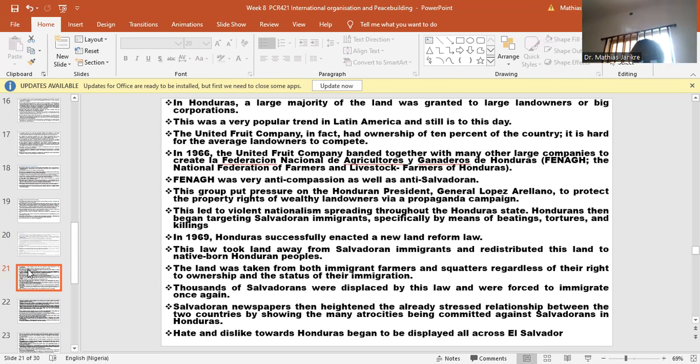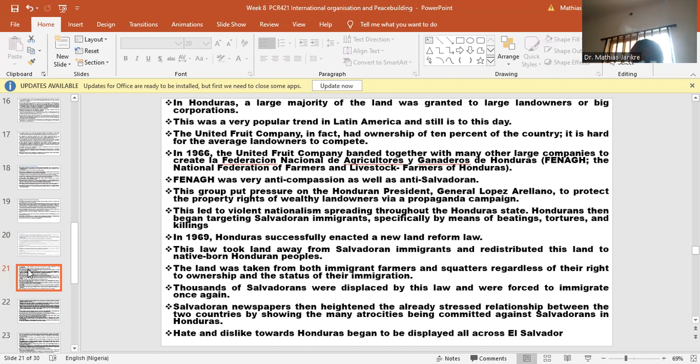In 1969, Honduras successfully enacted a new land reform law. This law took land away from Salvadoran immigrants and redistributed this land to native-born Hondurans. The land was taken from both immigrant farmers and squatters, regardless of their right to ownership and the status of their migration.